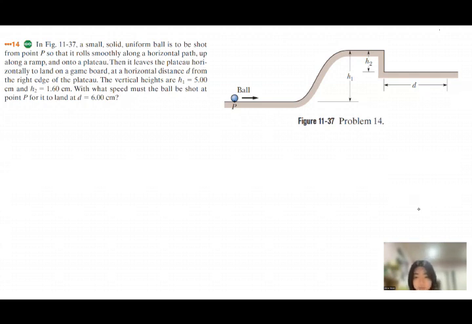Okay, this is also a similar problem using the energy conservation. So the ball is shot from the point P and goes along this path and reaches the cliff of this track, just leaving the verge of this cliff, and then after projectile motion it lands on the track at distance d from the cliff.